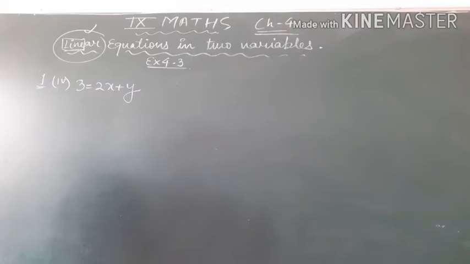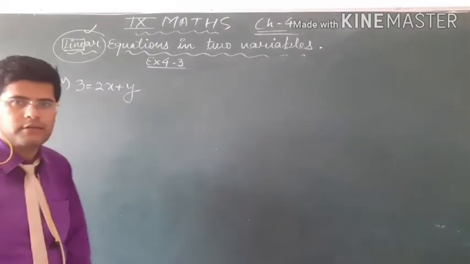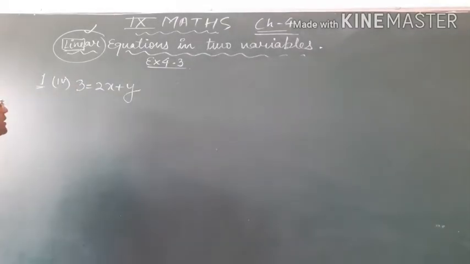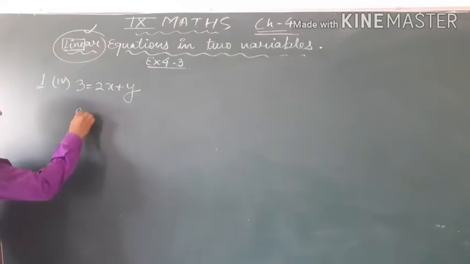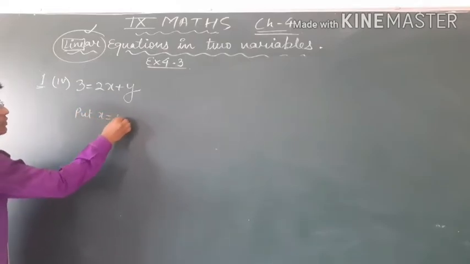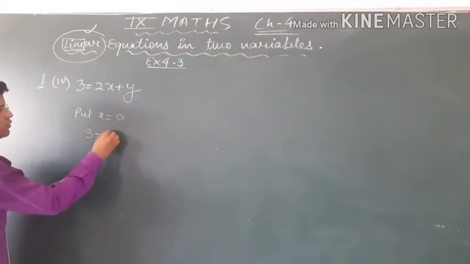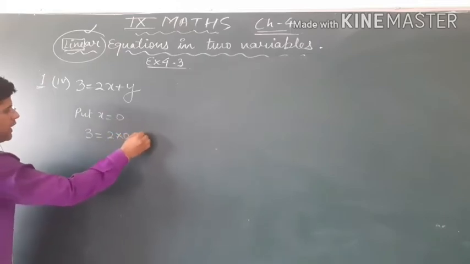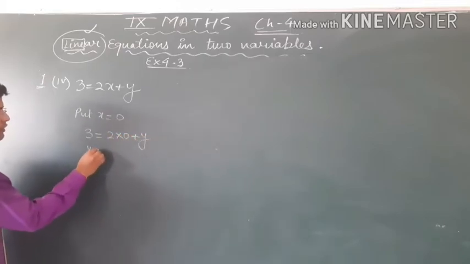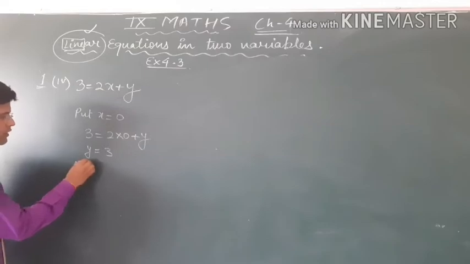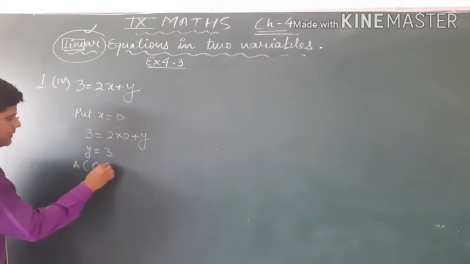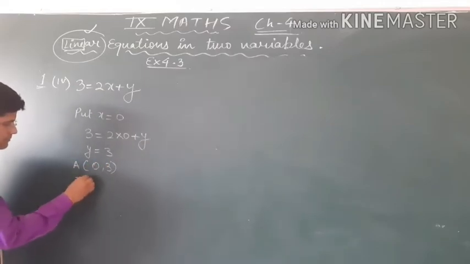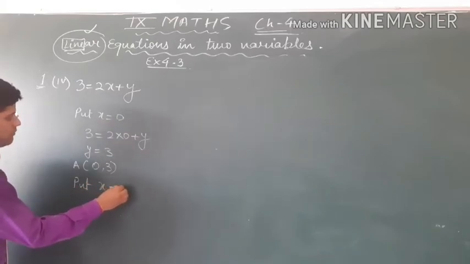4.3. Now here also we have to make the graphical representation of the given equation. Then we put x equal to 0, then 3 equal to 2 into 0 plus y. Then we have y equal to 3. Then we have solution number 1, A (0, 3). Now we put x equal to minus 1.